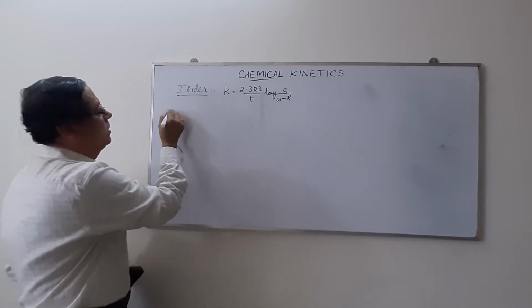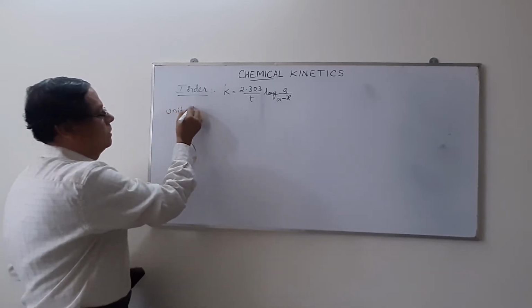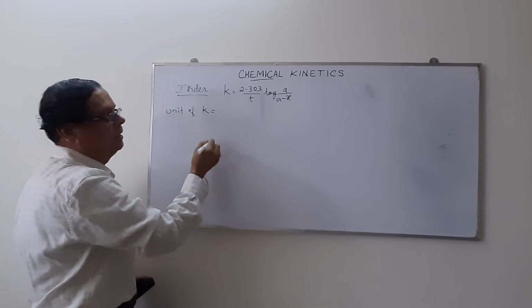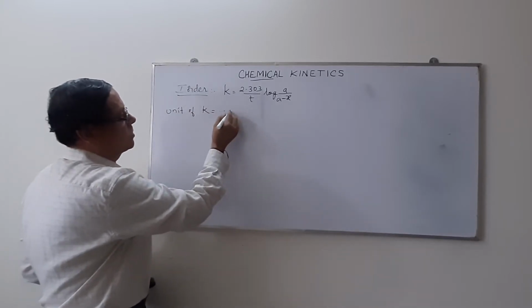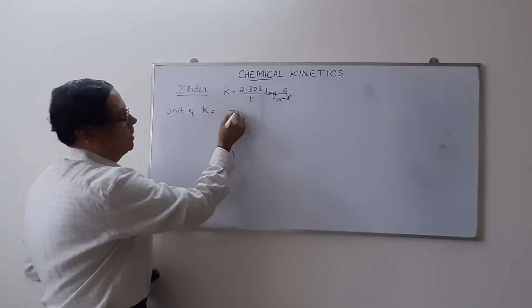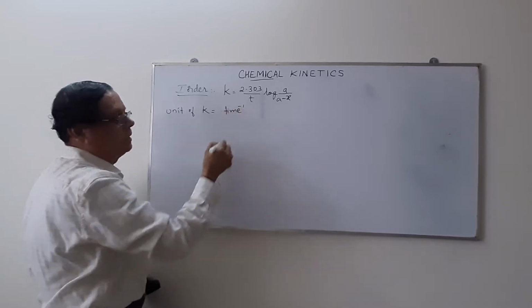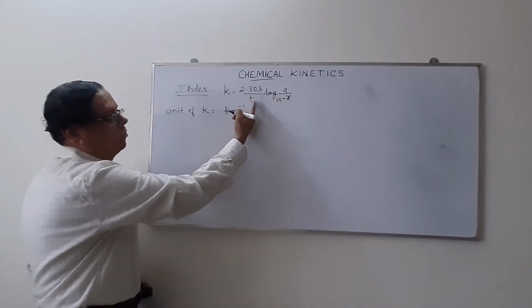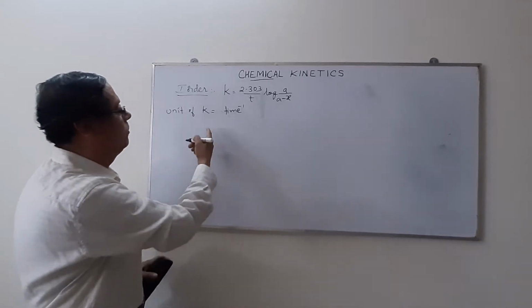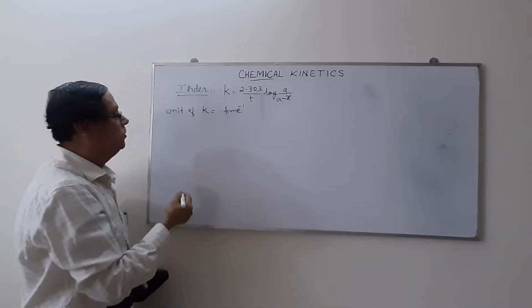And the unit for this k, that also we studied in the last video, is expressed in terms of per unit time. Because concentration terms get cancelled, only time is there in the denominator, therefore we will get k is equal to per unit time.